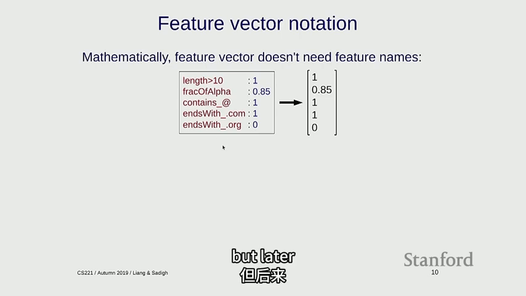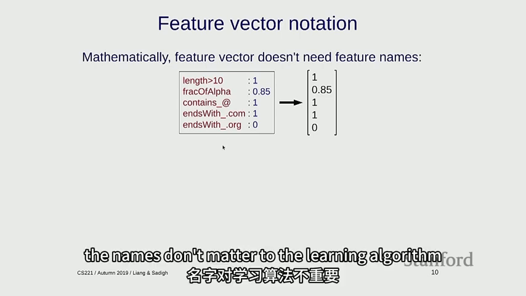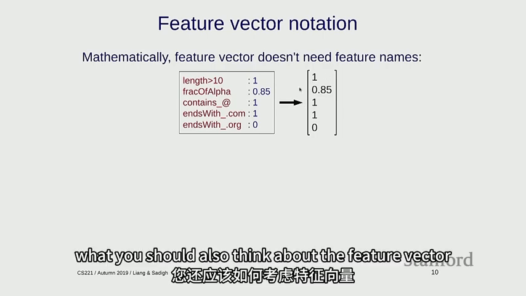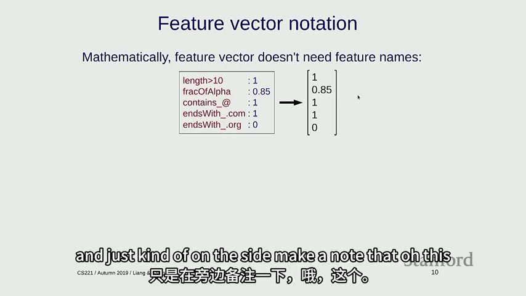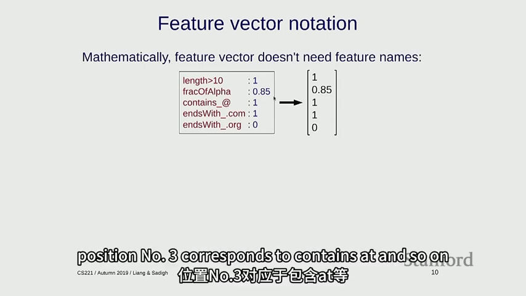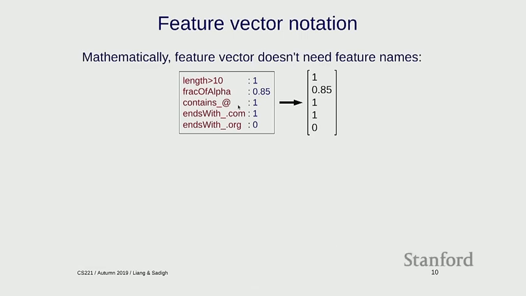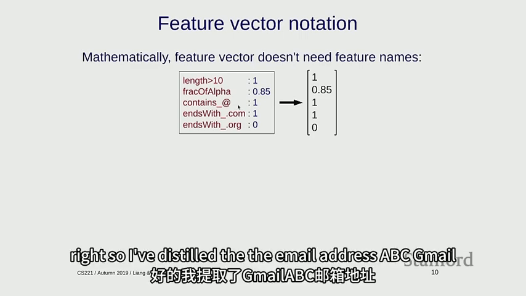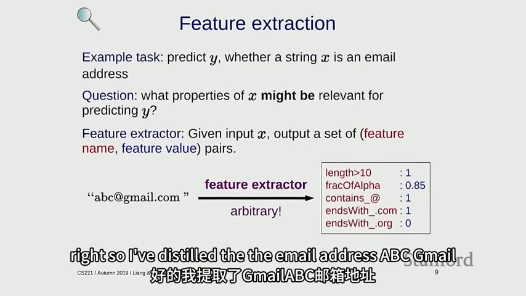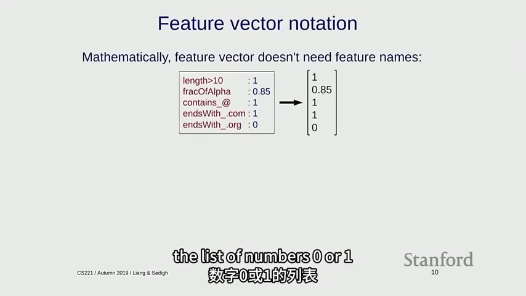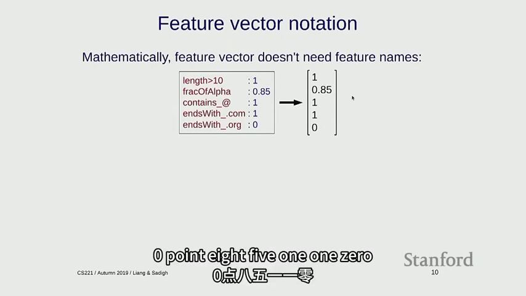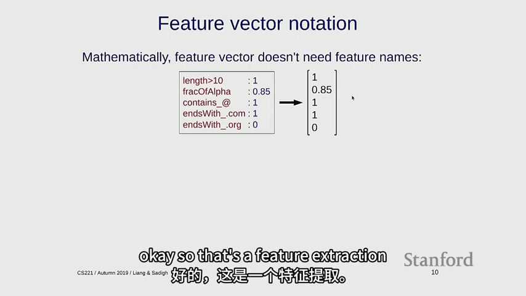But later we'll see that the names don't matter to the learning algorithm. So you should also think about the feature vector as simply a list of numbers, and just on the side make a note that, say, position number 3 corresponds to "contains @," and so on. So I've distilled the email address abc@gmail.com into the list of numbers 0 or 1, 0.85, 1, 1, 0. That's feature extraction.